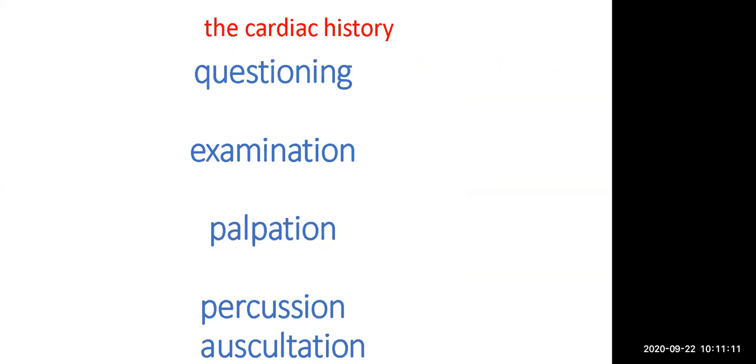Okay, so in your cardiac history, what will you do? First of all, when you meet the patient, you ask the general questions, meaning the passport data of the patient, like name, date of birth, the address, etc. Last semester you learned about it.